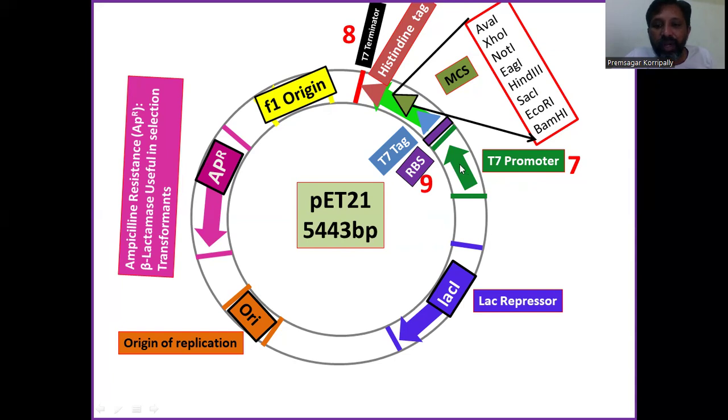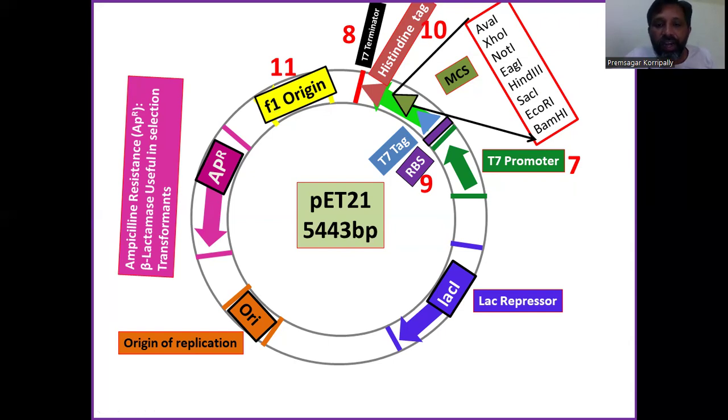You can see immediately after the promoter there is a ribosome binding site, followed by the T7 tag and the histidine tag also. You can see the histidine tag in this one, right? Histidine tag and F1 origin for the sequencing of the cloned gene, right?